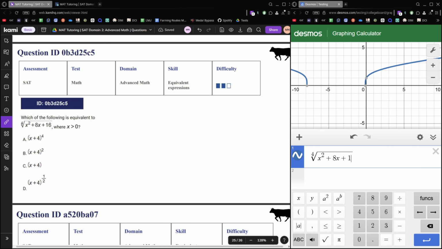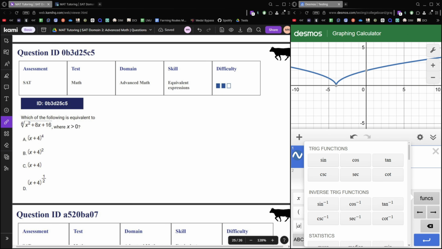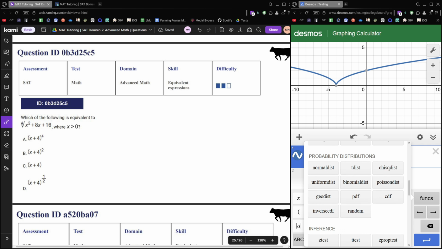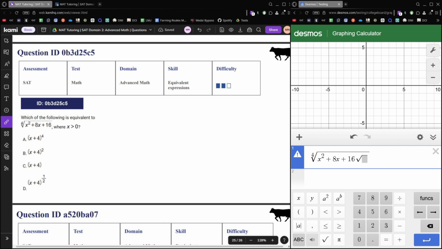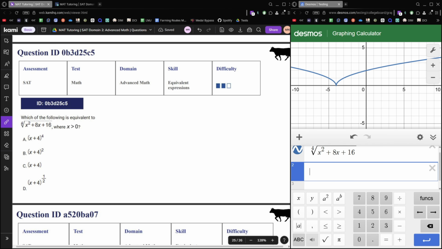Now if you don't want to remember that, you can just click on the function button right here, scroll down, and then right here there's this little root button that allows you to type in the 4 and everything else. Alright, so there's the expression that they gave us.